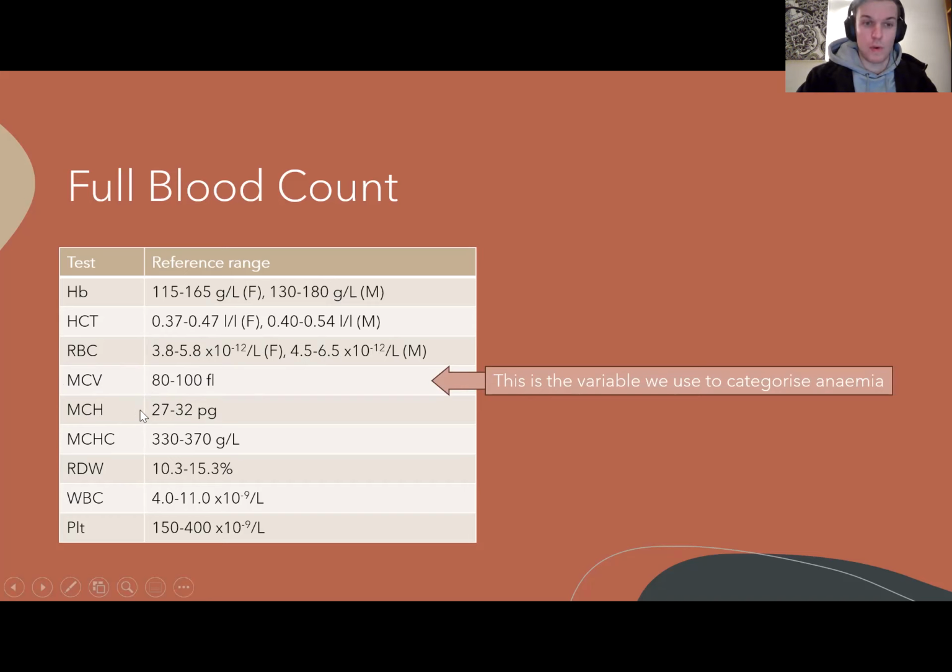Alcohol, liver disease, lots of different drugs, and we'll touch on some of those later on. Hypothyroidism, aplastic anemia, and myelodysplasia, so things that infiltrate the bone marrow, and increased reticulocytosis, the R, which is a little bit of a fiddle for this acronym. But these all sum up causes of big red blood cells.